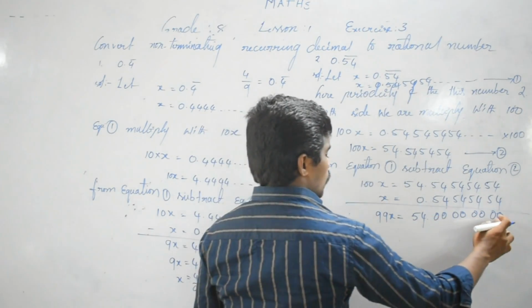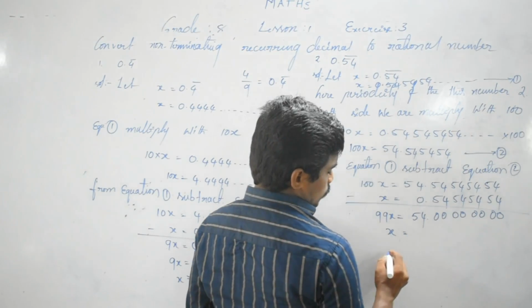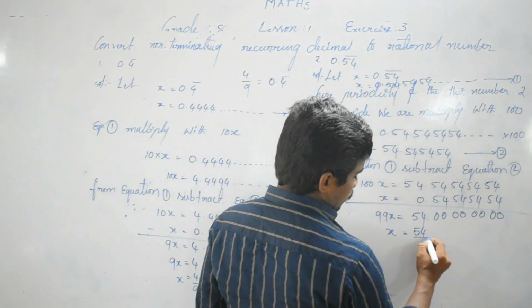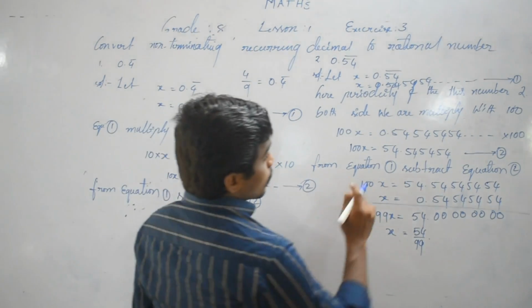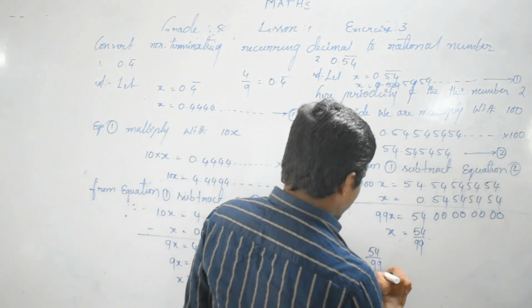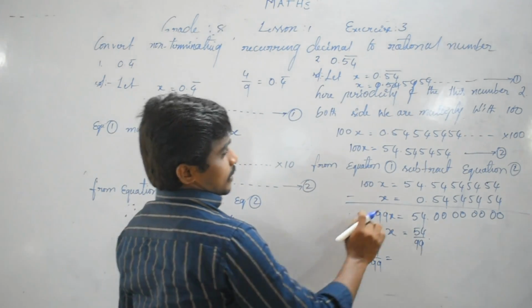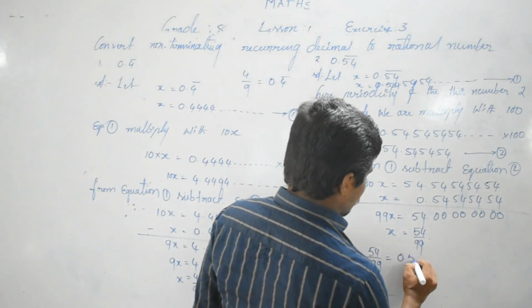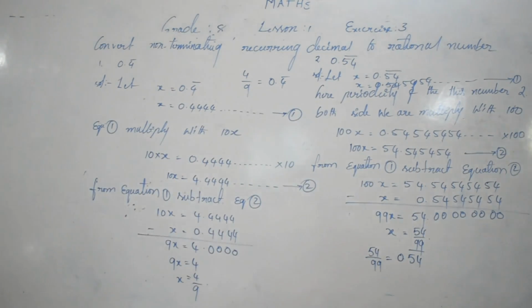Here zeros have no value after the point. So x equals 54/99. This is a rational number. This rational number converts to the decimal number 0.54 bar. Copy this one.